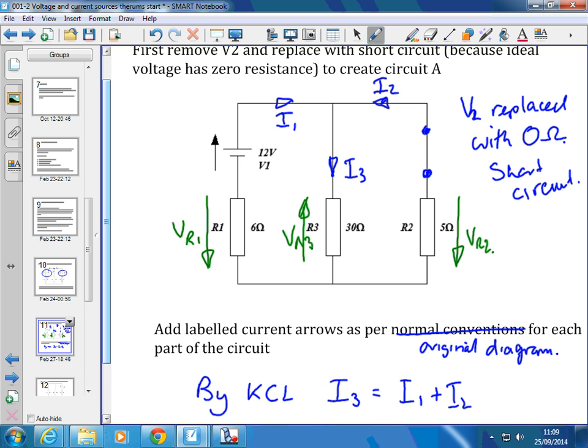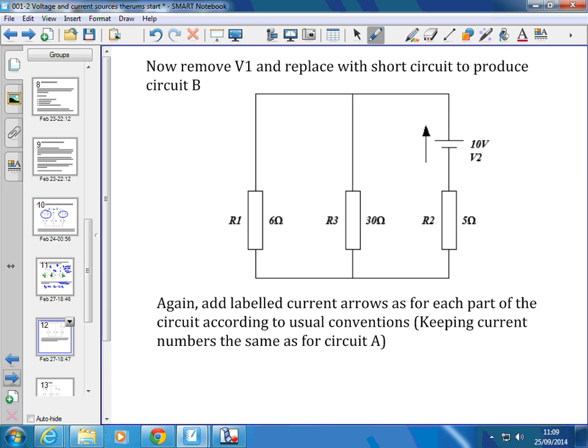But given the information that we know, we've got the values of 3 resistors and we've got the value of a source. What can we calculate in that circuit first? Just going to have a quick look at my next slide, see what's on it. That's fine.